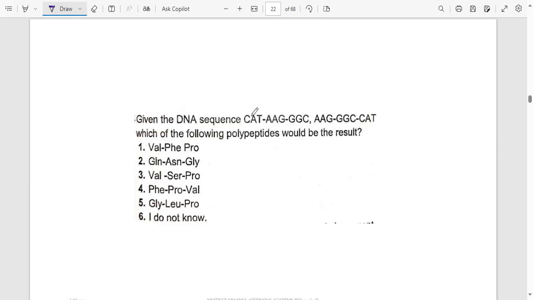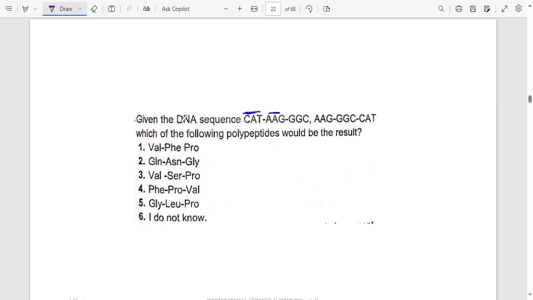Given the DNA sequence CAT, AAG, GCG, which of the following polypeptides would be the result? So you want to find what would be the polypeptide. Look at this CAT. You know the meaning of this? This is a DNA molecule, CAT, AAG.